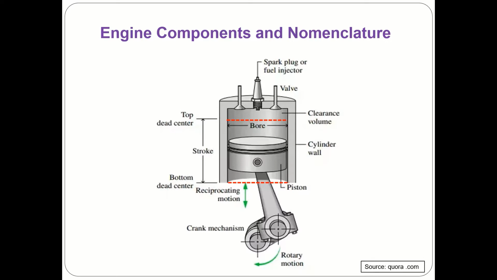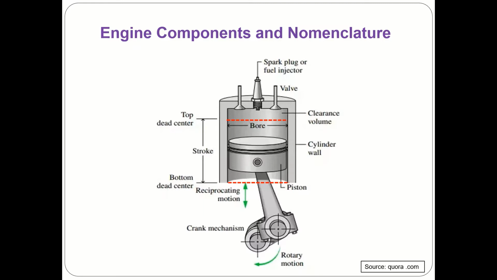Then you also have the valves. These valves are used for induction and during the exhaust. They will open when there is induction of a mixture of fuel and air, or air, and the exhaust valve will open when we want to throw the exhaust gases out of the cylinder.